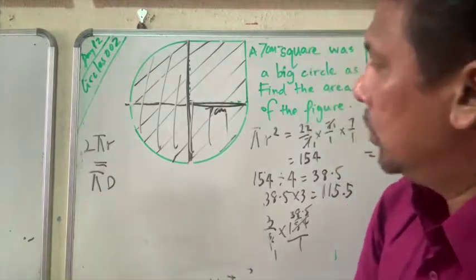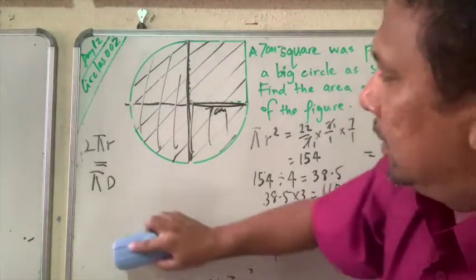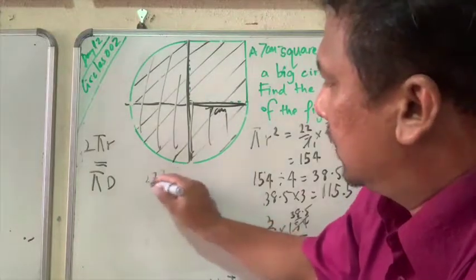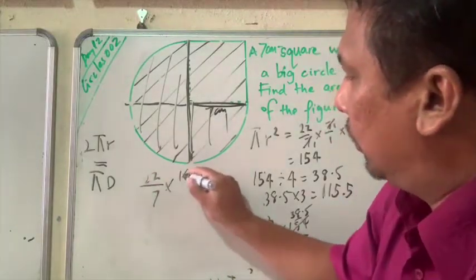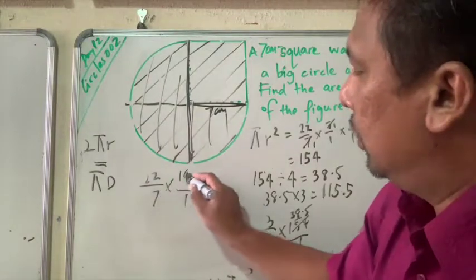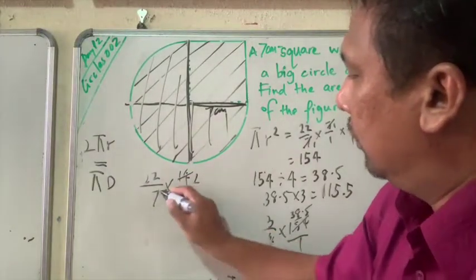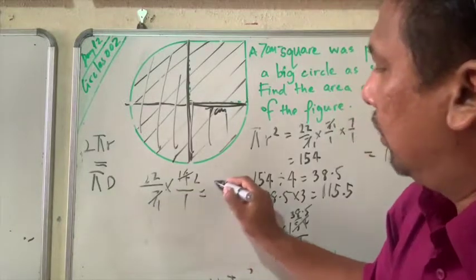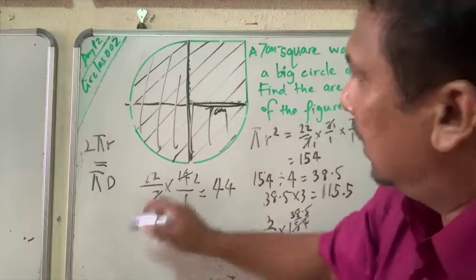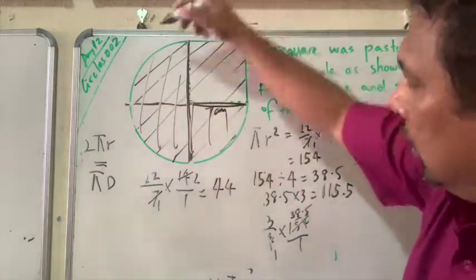All right, so let us find the circumference of the circle. Pi is 22/7 times d is 14, right? So divide by 7, you get 2. Divide by 7, you get 1. 22 times 2 is 44. Now, as we said earlier, that's for the whole circle.